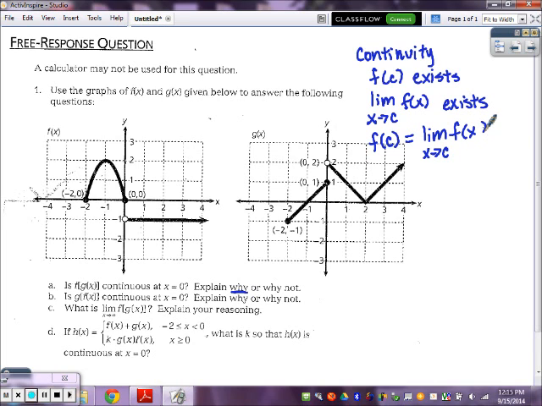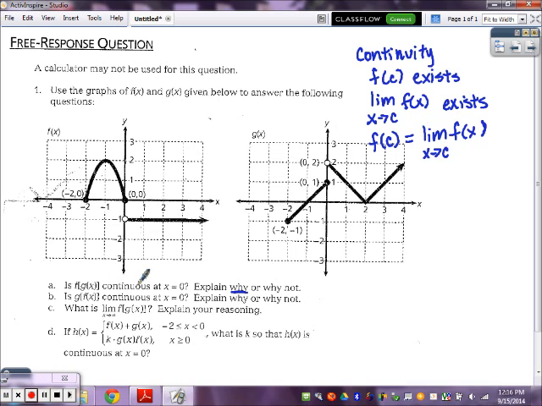So basically what this is saying is it has to have an assigned y value here, and it's got to approach that y value from the left and right. That's the conclusion here: not only does it have an assigned y value, but it approaches that y value on the left and right. So this is going to be our setup for proving continuity.